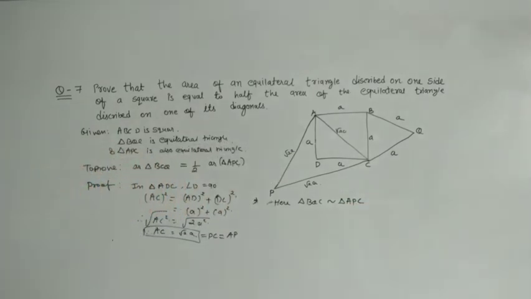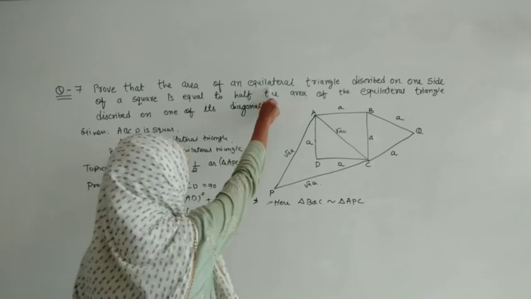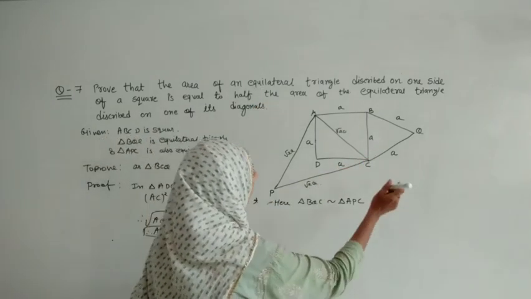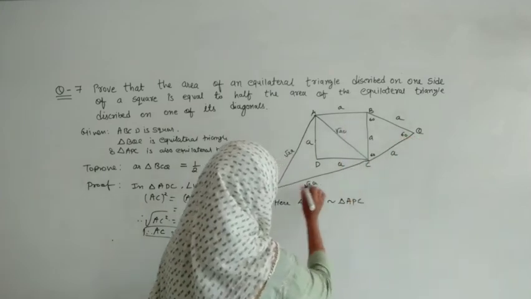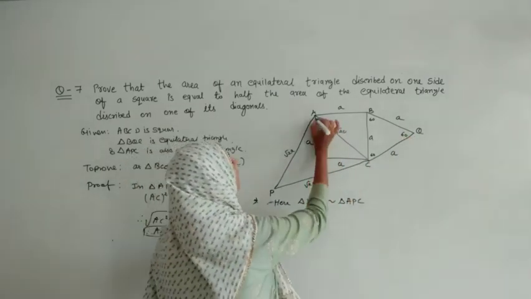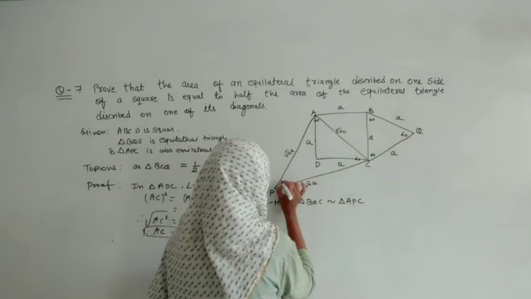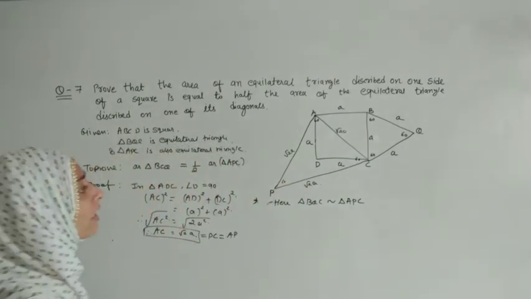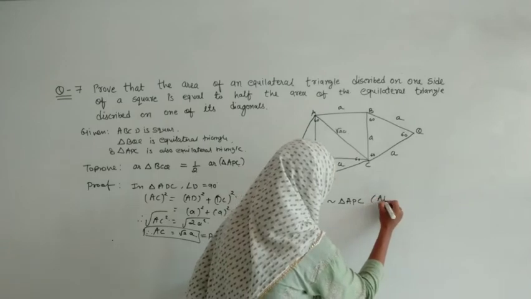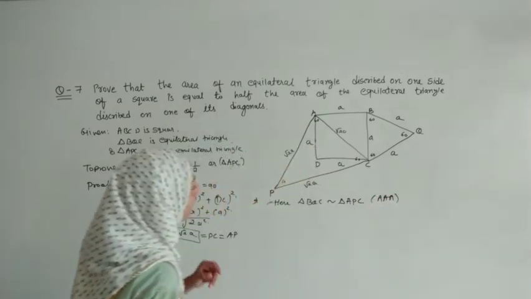Here one thing is given to us, that both are equilateral triangles. An equilateral triangle has all angles as 60. So this is also one large equilateral triangle, but its angles are 60, 60, 60. On the basis of that angle criterion, we prove them as similar triangles.